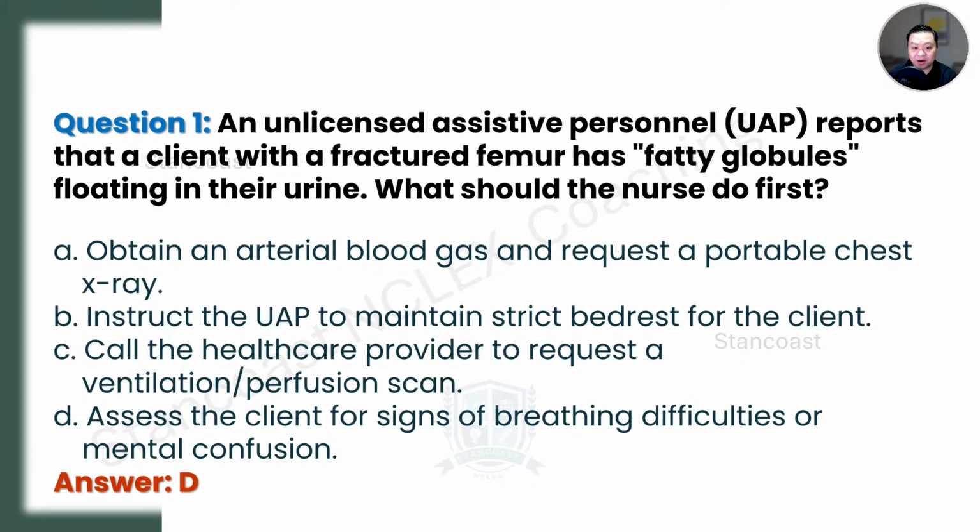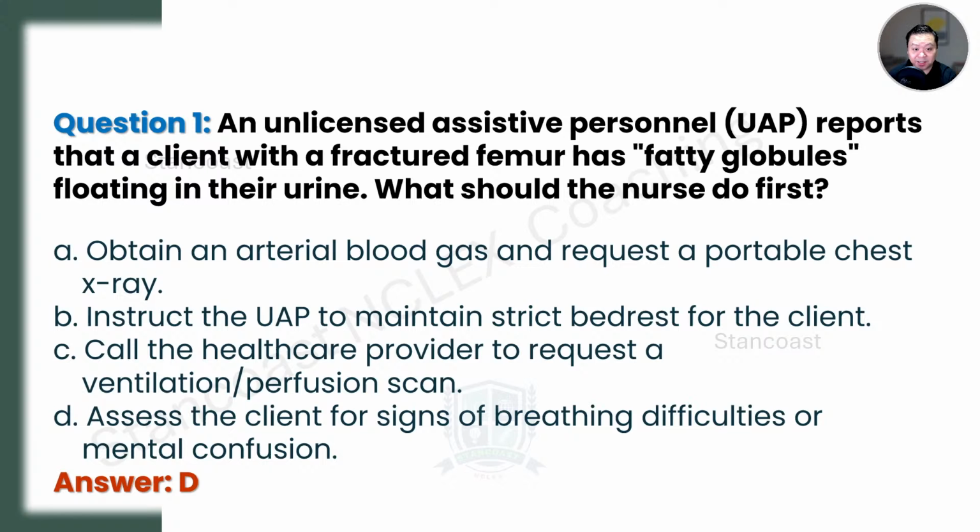Now, if you selected letter A, obtain an ABG sample and request portable chest x-rays, these are important, but before we can do those, we need to assess our patient first for the signs we are seeing in letter D. If you selected letter B, bed rest is necessary, but the nurse must first assess the client for instability.